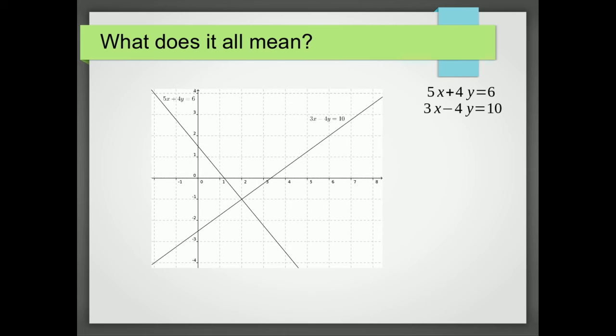Now let's draw the next line, 3x minus 4y equals 10. And let's look at the point where they intersect each other, and that's the coordinates 2, minus 1, which, if you remember, was the solution to the simultaneous equations that we solved previously. So we could consider the solution of a pair of simultaneous equations as being the point of intersection of the lines.